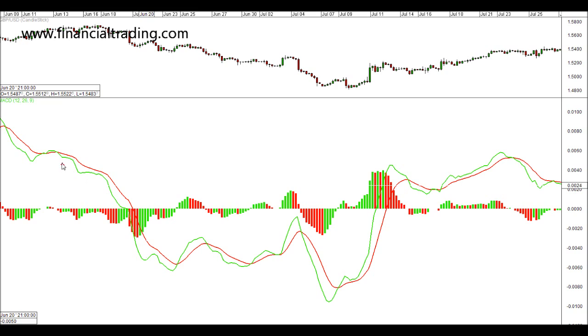You'll notice when these moving averages become tight and get close to each other, there's no or very little data shown on the histogram because there is no or very little difference between the two moving averages.